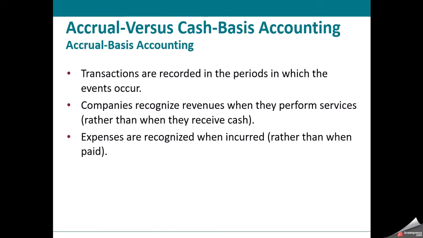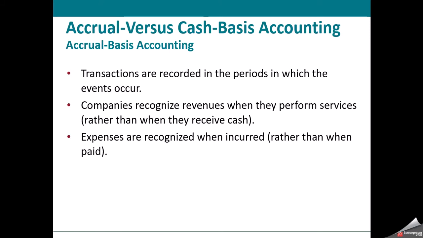Accrual versus cash accounting. So accrual basis accounting, again, we're trying to recognize the revenues when we perform the services and then recognize those expenses as they're incurred. So we don't really follow cash basis if we're following GAAP. If it's a very small business, like a self-employed person, they may follow cash basis.